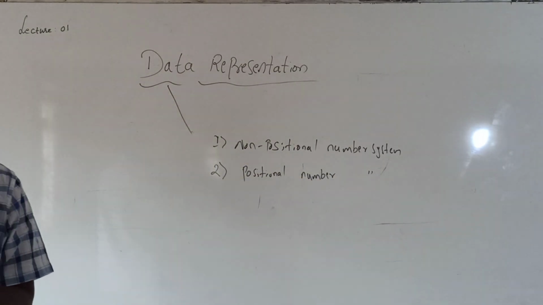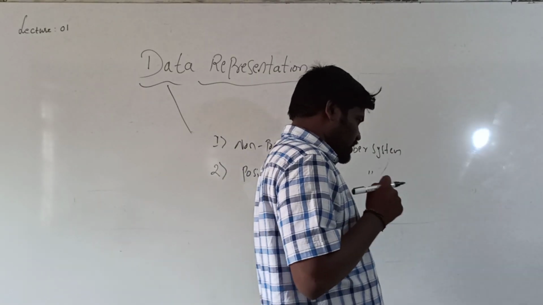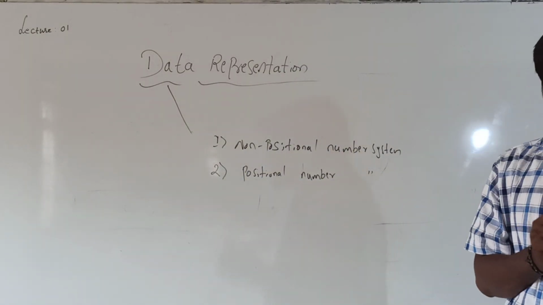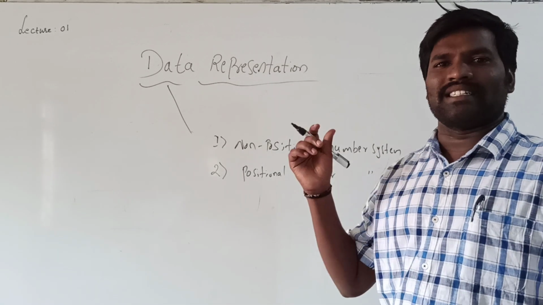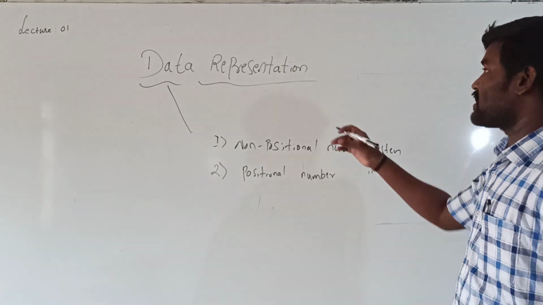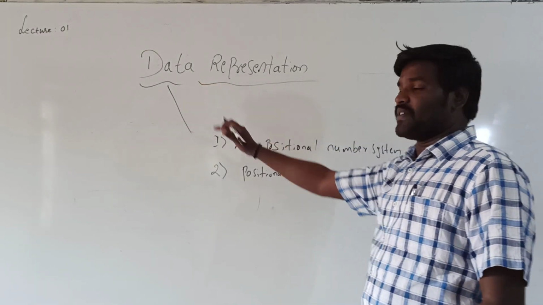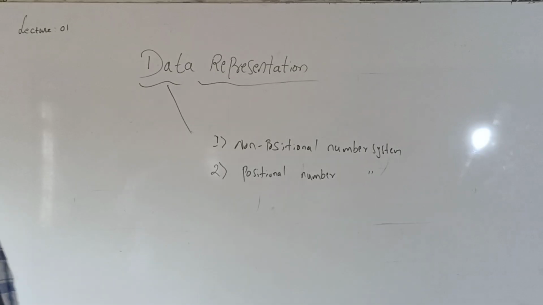The data representation mainly deals with the data, that is the number system, based on numbers, alphabets, or symbols. How all the data is represented inside the system, that data representation is classified into two types: first, non-positional number system, and another one, positional number system.